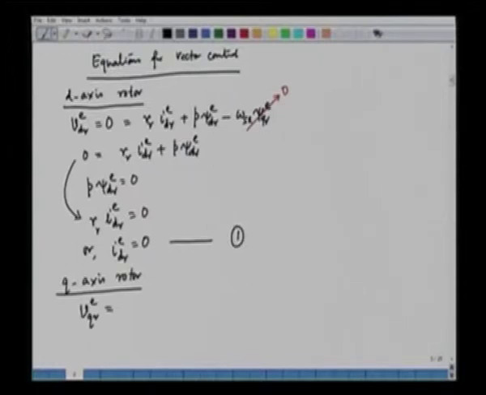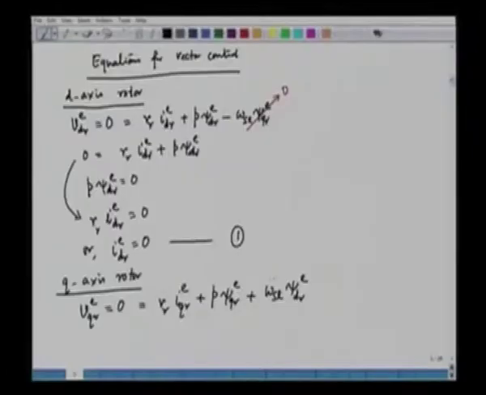VQR, that is short circuited, so that's equal to 0, and that is RR IQR plus P psi QR plus omega SL psi dr. We are again writing down this equation in the rotor flux reference frame, and the reference frame is rotating at synchronous speed, and the speed of the reference frame is omega E, and that is why the speed induced EMF is appearing with a factor of omega SL. Omega SL is the slip speed.